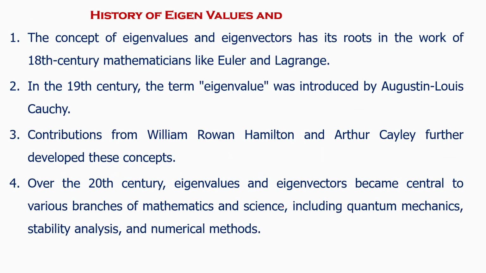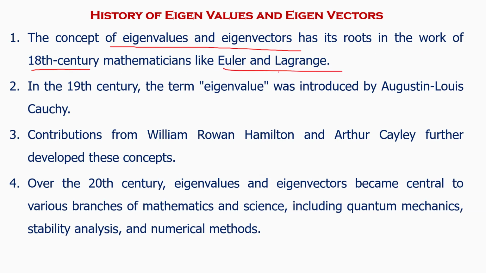Now let us check the history of eigenvalues and eigenvectors. The first point is that the concept of eigenvalues and eigenvectors has its roots in the work of 18th century mathematicians like Euler and Lagrange. In the 19th century, the term eigenvalue was introduced by Augustin Louis Cauchy.